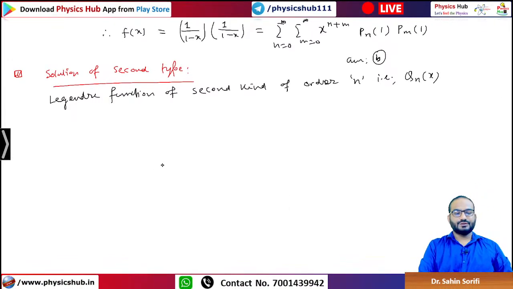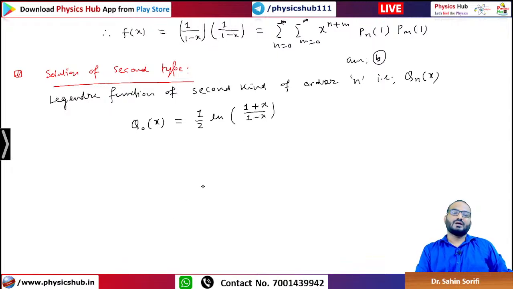So n equals 0, if you take, you get Q0 of x, it has a value half times ln of 1 plus x by 1 minus x. As you can see, if you choose x equals 1, then also it is undefined. If you choose x equals minus 1, then also it is undefined. So at x equals plus minus 1, this solution does not exist.